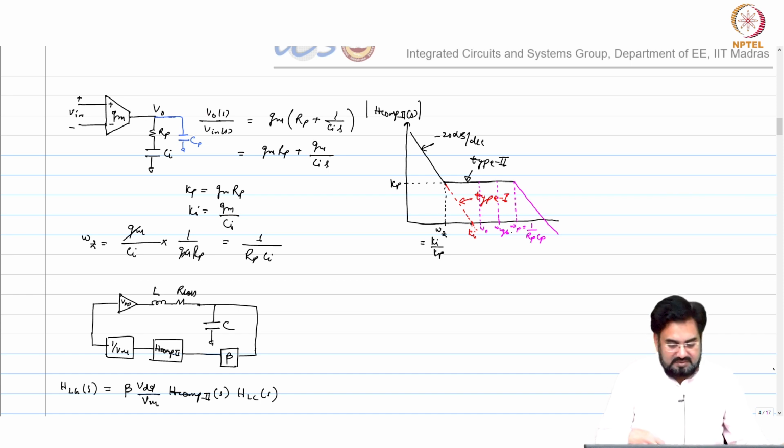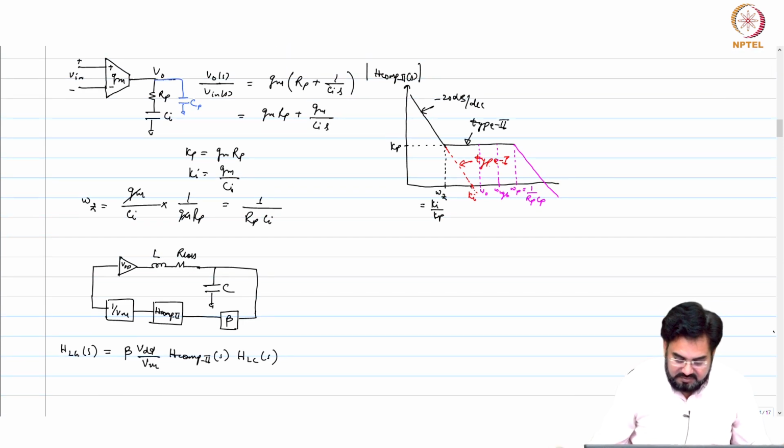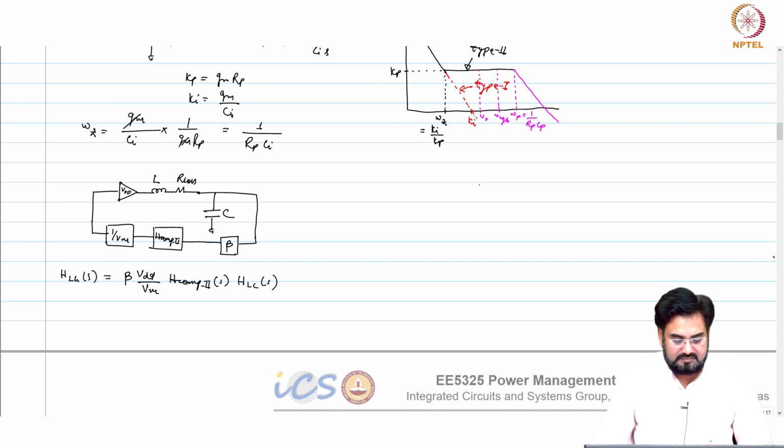Okay. So, that your omega p is outside your UGB, but 0 is inside your UGB, and not only inside UGB, but below the resonance frequency, or in the worst case you can have it at the resonance frequency, but the moment you put it out beyond the omega naught, then it may not help. Okay.